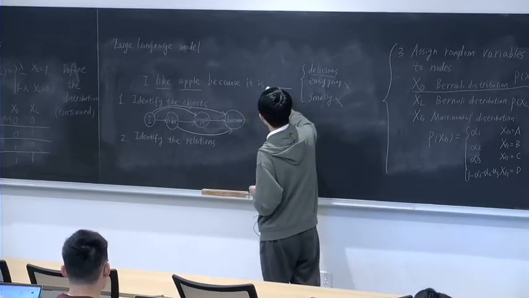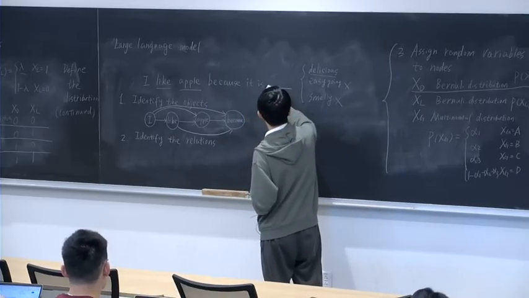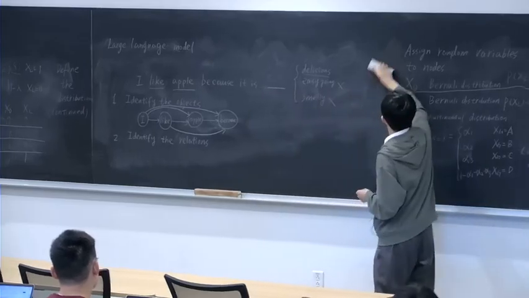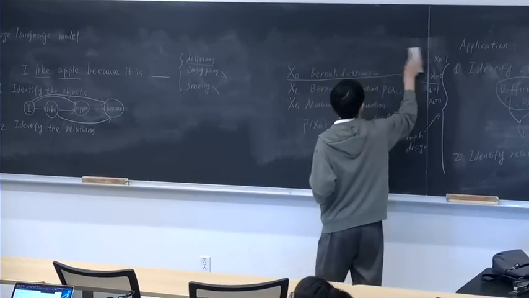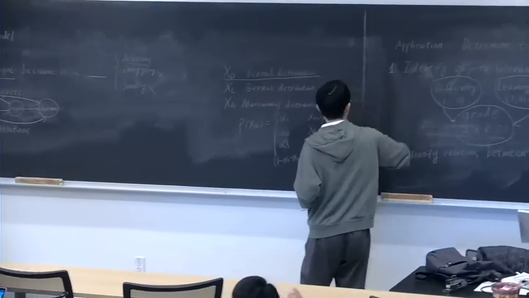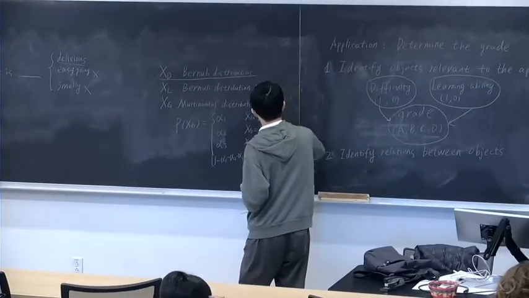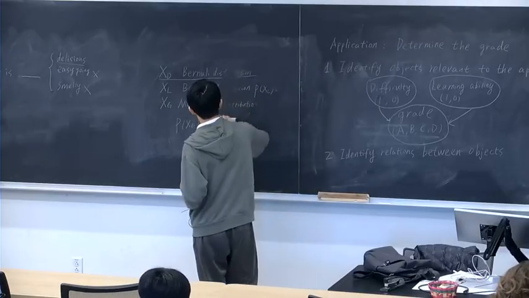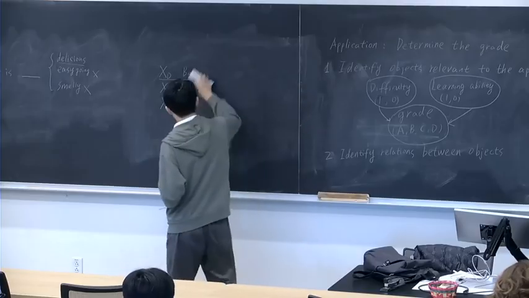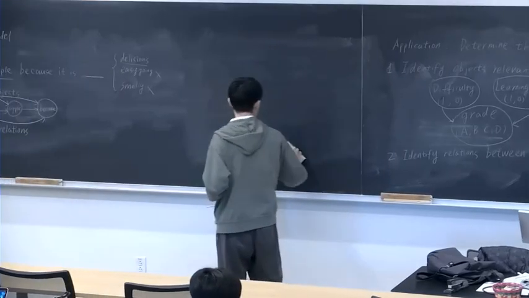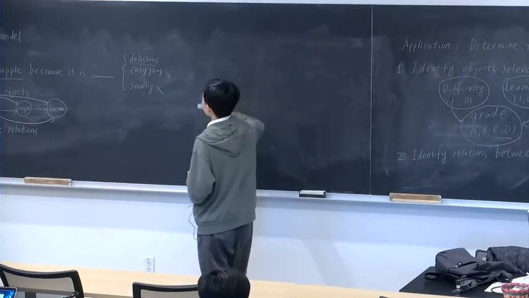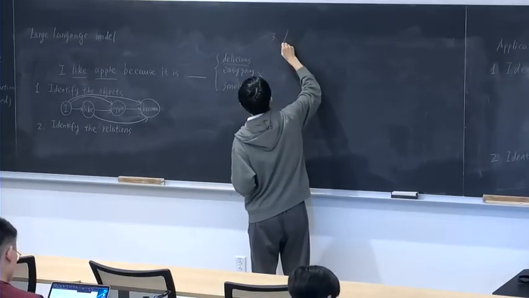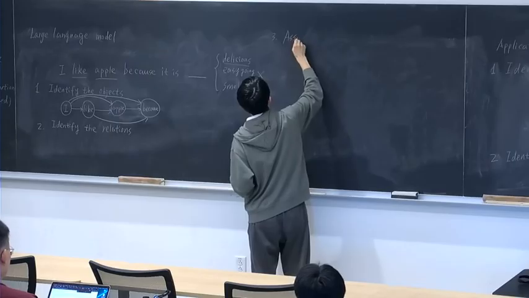Okay. Then for the next step, we are going to assign random variables to the nodes.